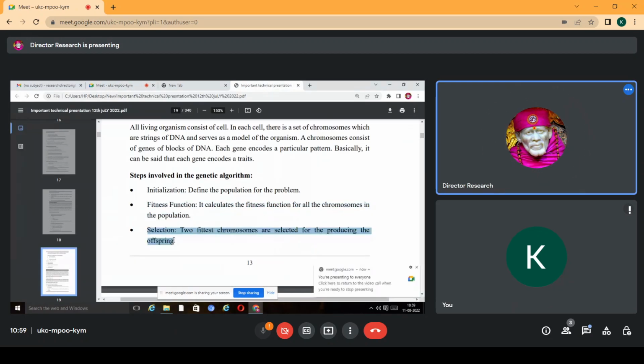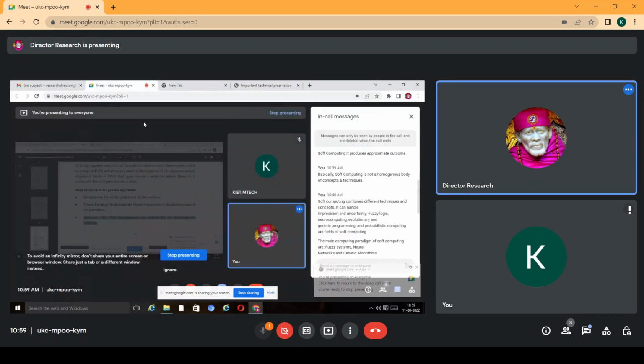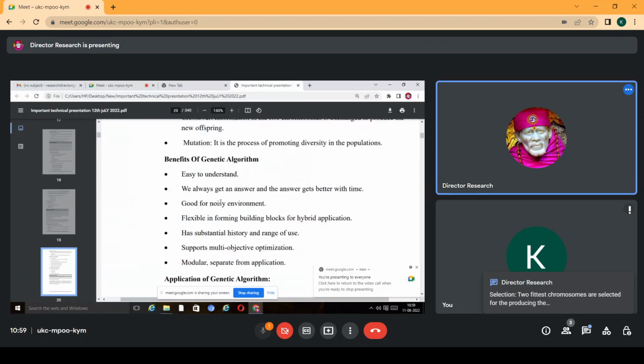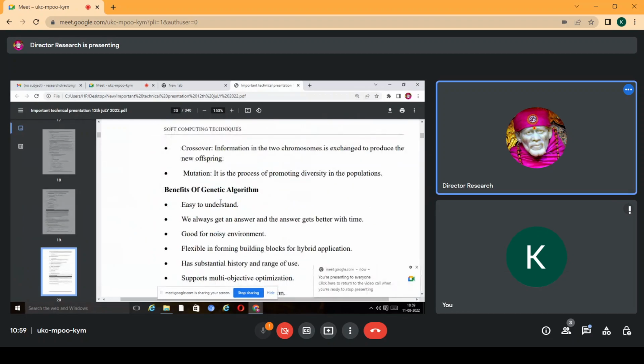Then selection, crossover, and mutation.